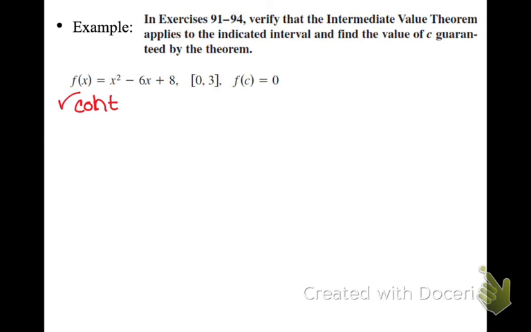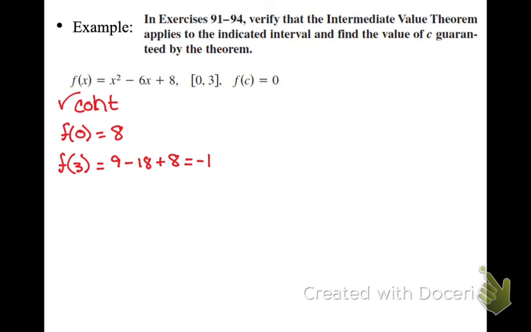Check. f of a, and a is 0, is 8. f of 3 is 9 minus 18 plus 8, which is -1.